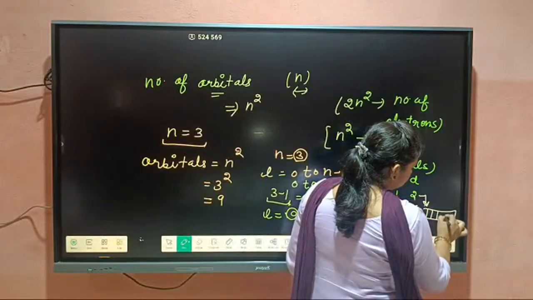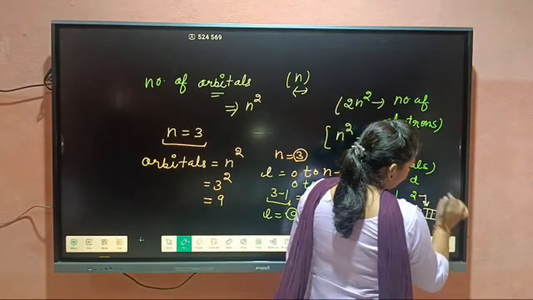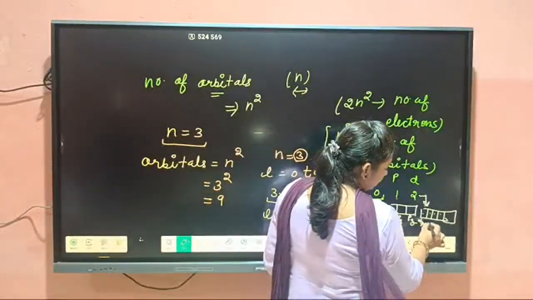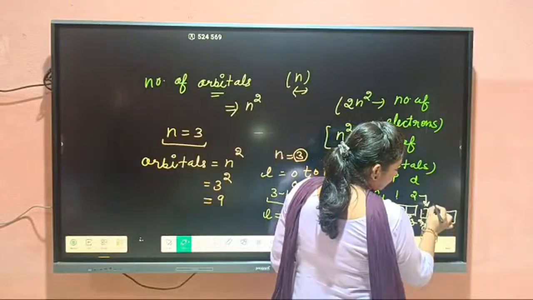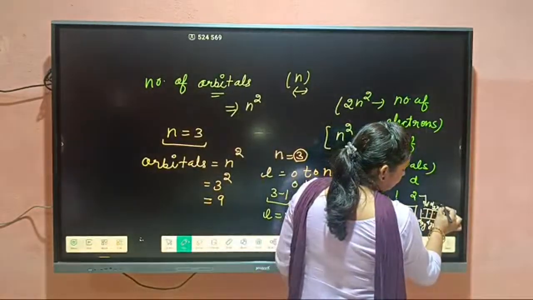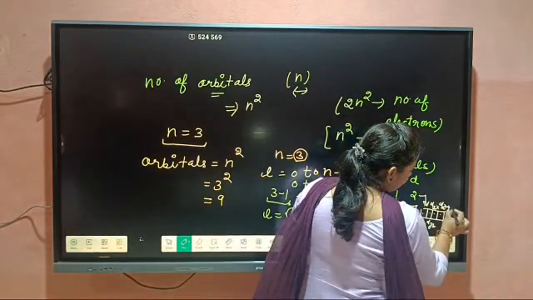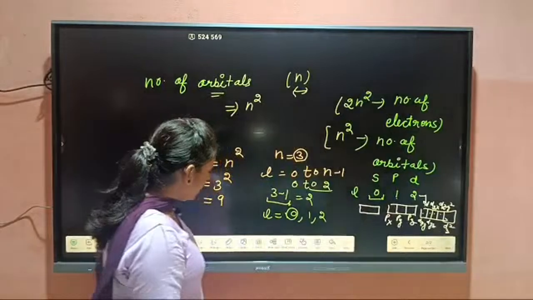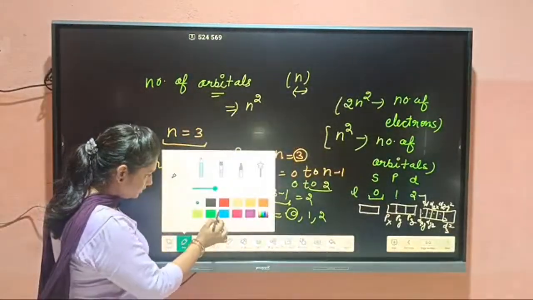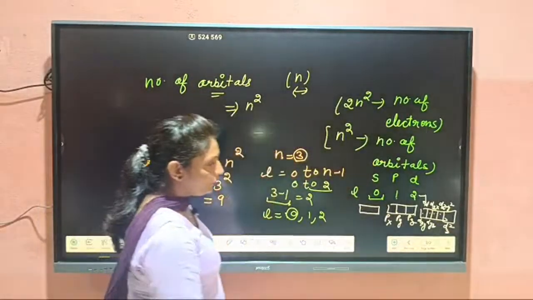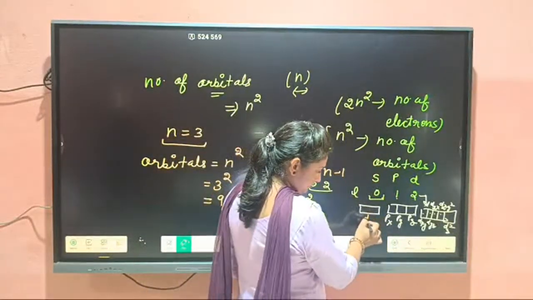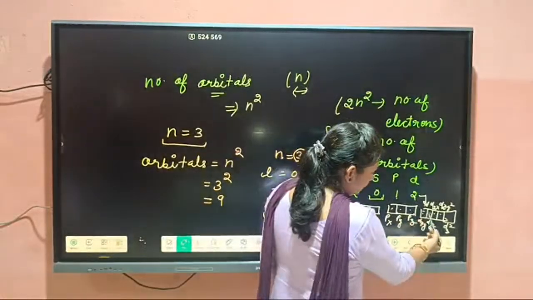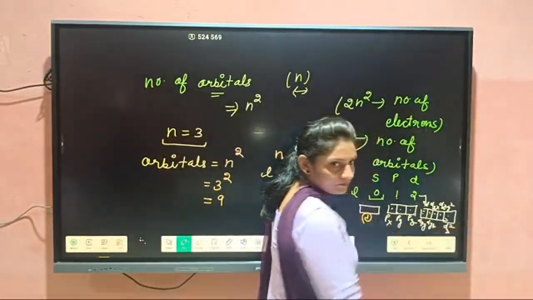1, 2, 3, 4, 5. There are 5: dxy, dyz, dzx, dx square minus y square and dz square. Very good. So you can see how many orbitals are here: 1, 2, 3, 4, 5, 6, 7, 8, 9.